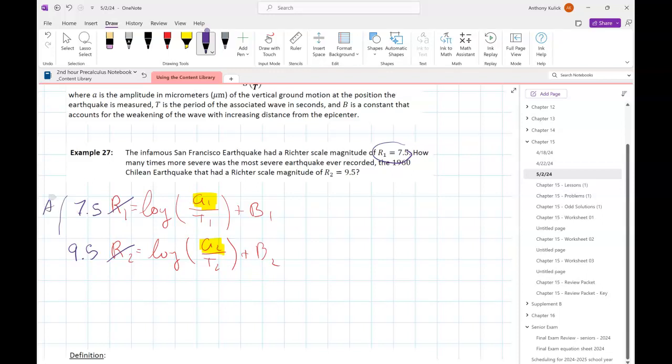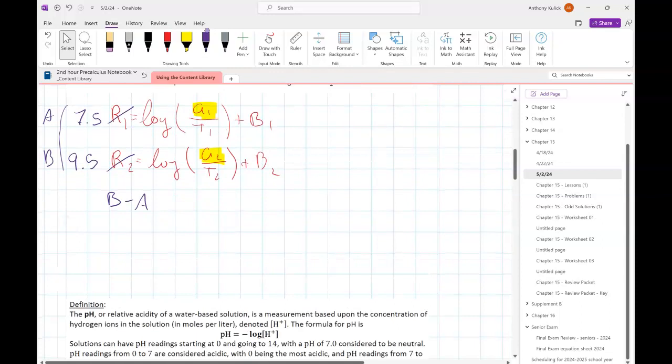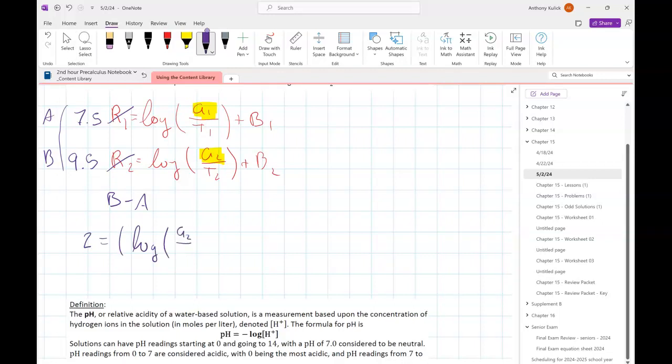If I call this equation A and B, let's do equation B minus A. I have to make myself some room. So if I do that, I get 2 is equal to log of A2 over T2 plus B2 minus log of A1 over T1 plus B1.